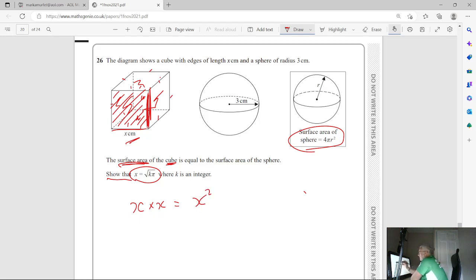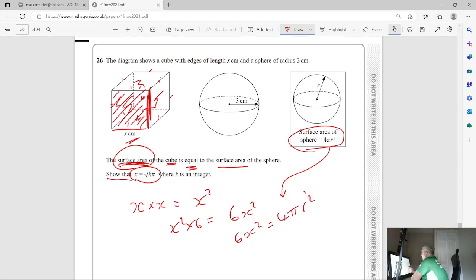And remember, I've got 6 faces, so I'm going to do x squared times by 6 gives me 6 lots of x squared. The 6 lots of x squared is going to be equal to my sphere measurement. Remember, it says the surface area of the cube is equal to the surface area of the sphere. So I can make that equal to 4 pi radius squared.